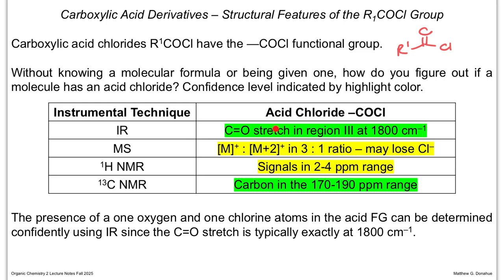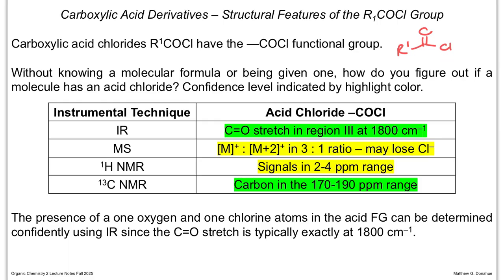The signature in IR is that the carbonyl stretch is almost always at 1800. So when you're looking at your IR data and you see something at 1800, it most likely has an acid chloride.